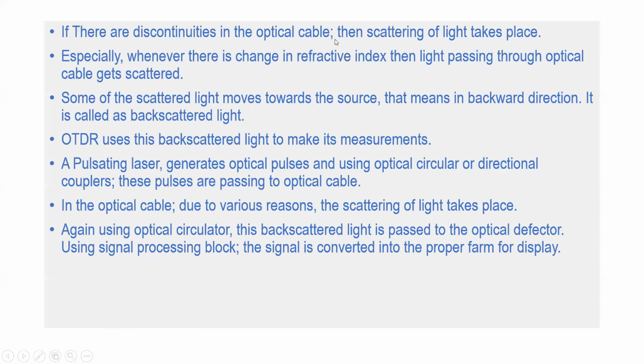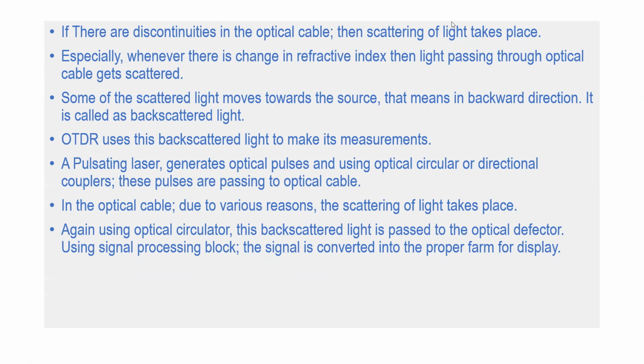If there are discontinuities in the optical cable, then scattering of light takes place, especially when there is a change in refractive index. Some of the scattered light moves towards the source, that is, in the backward direction.